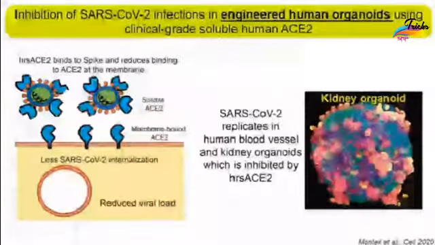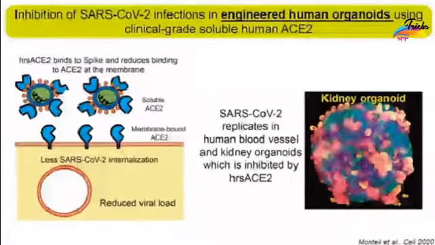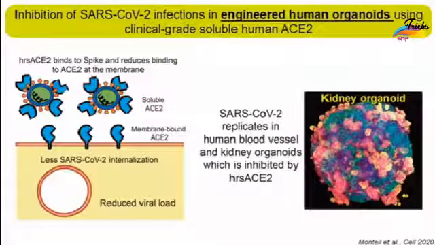So we wanted to understand if this soluble compound was able to block entry into the human cells, and subsequently the viral growth in human derived kidney organoids or blood vessel organoids. My laboratory was in charge of the derivation of kidney organoids for this study.